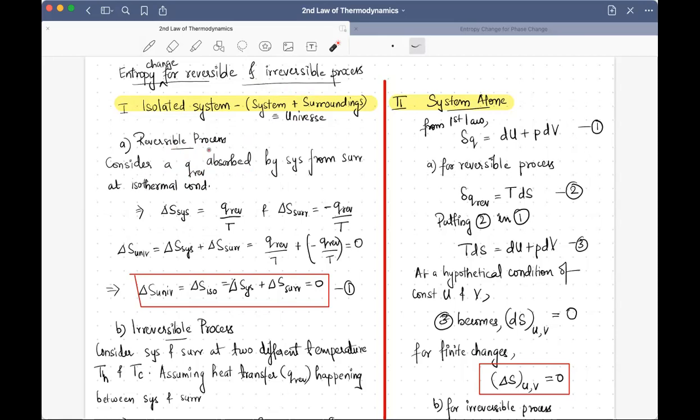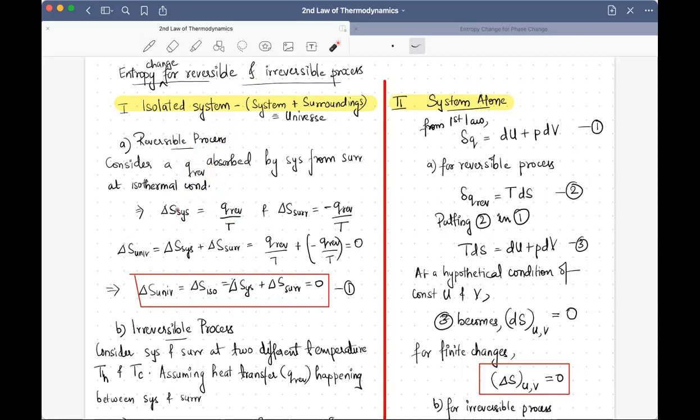We are considering a system which is absorbing heat, and that heat is Q reversible from the surrounding, and the condition is isothermal. Since we are considering a reversible process, we can use the equation that we studied in the previous video, that is delta S system equals Q reversible divided by T.